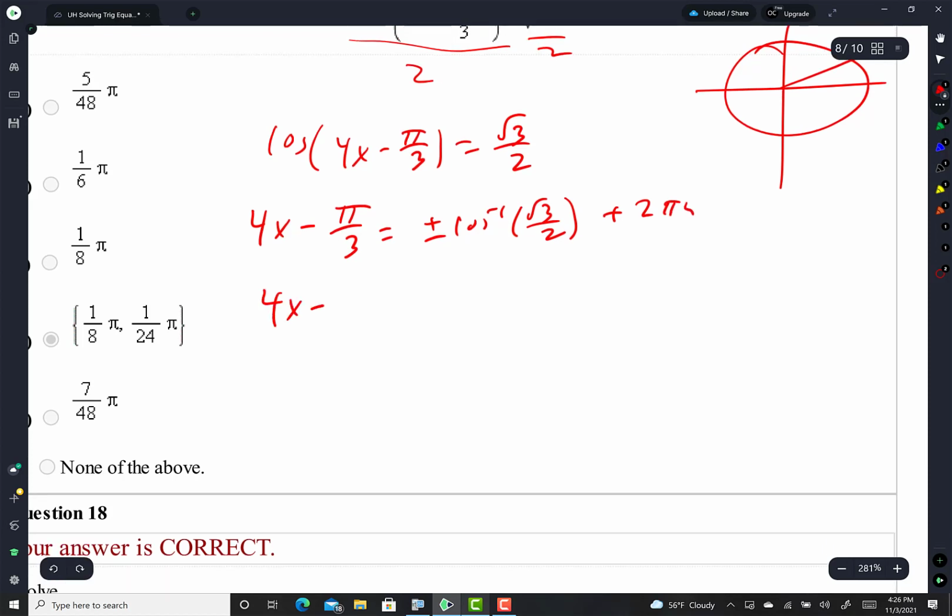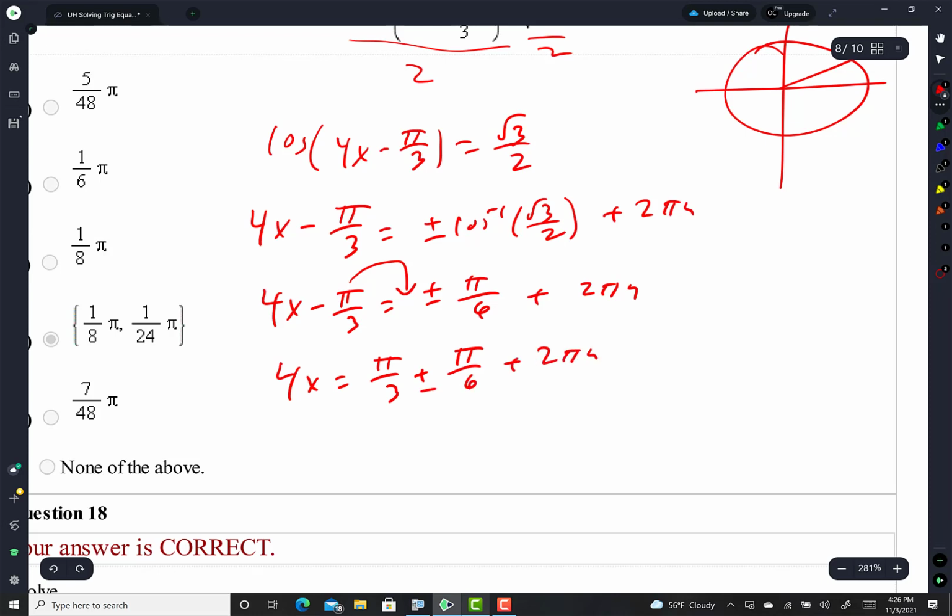So 4x minus pi over 3 equals plus minus pi over 6 plus 2 pi n. Move that negative pi over 3 right there. So 4x equals pi over 3 plus minus pi over 6 plus 2 pi n.